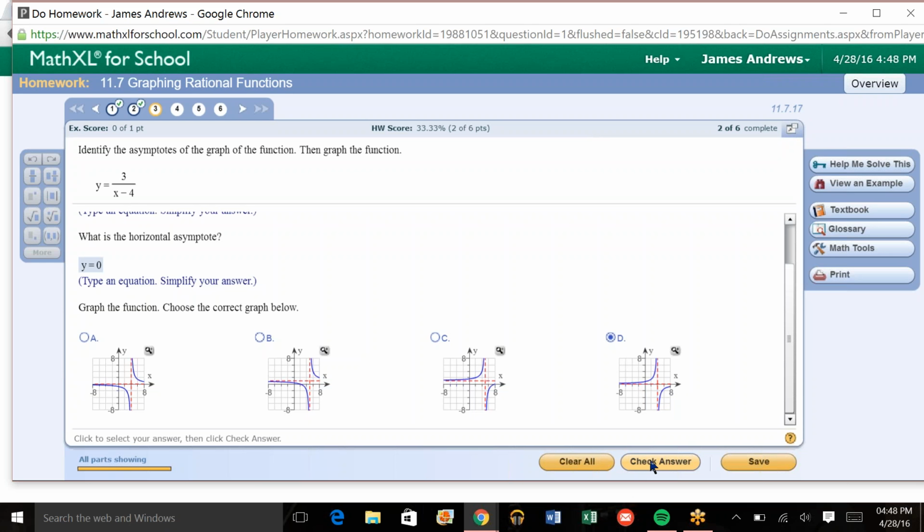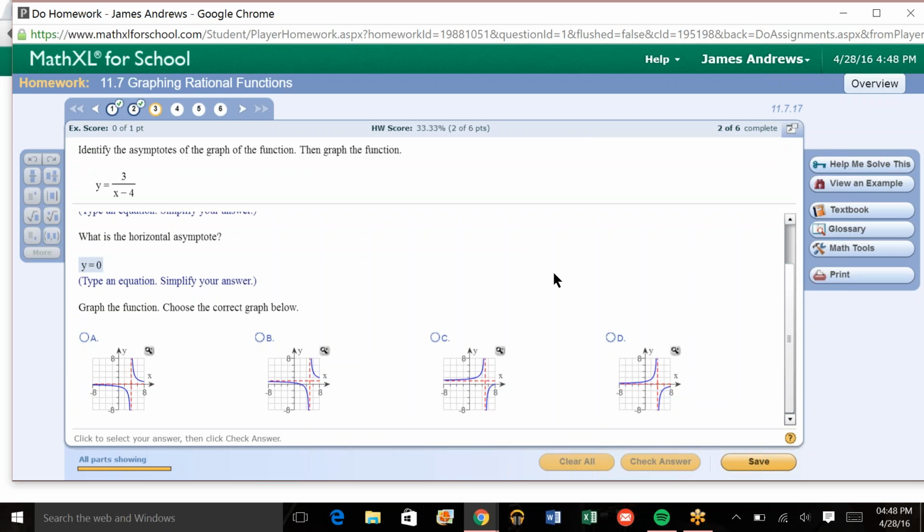Correct. Now, actually, both A and D have the correct horizontal and vertical asymptotes. Oh, they do. The difference, though, is that on A, it's in kind of the first and third quadrants, whereas D is the second and fourth quadrants.